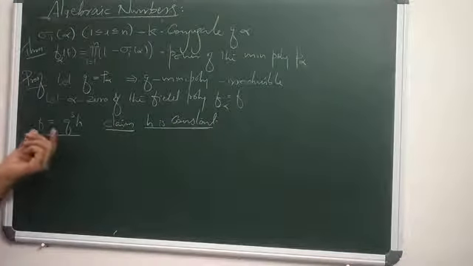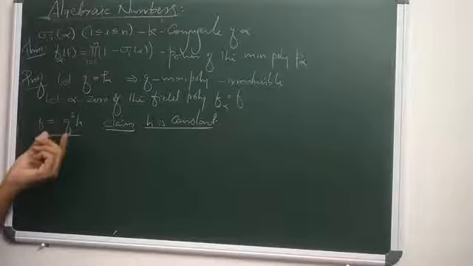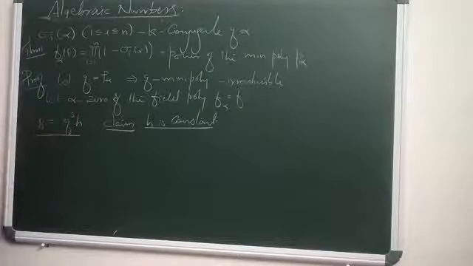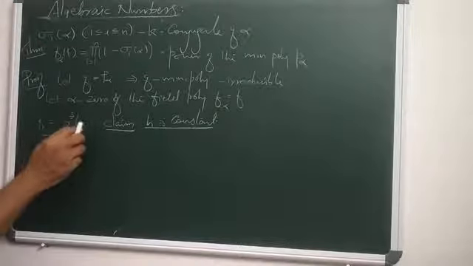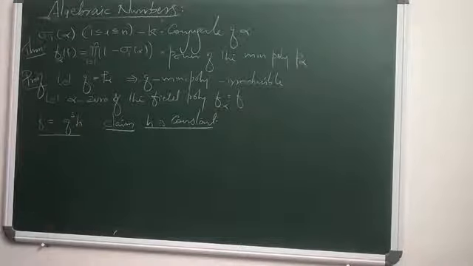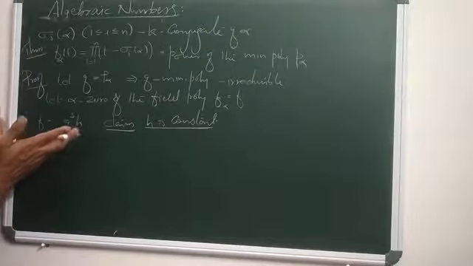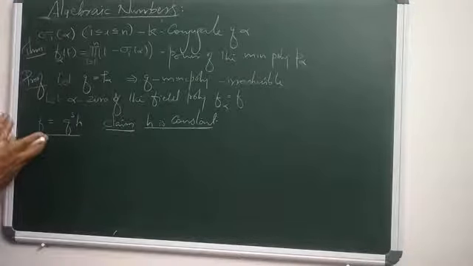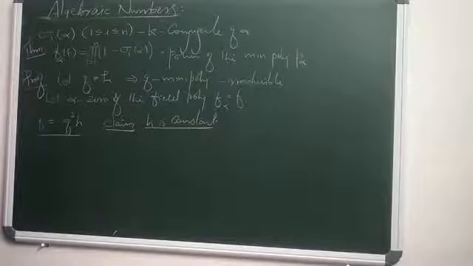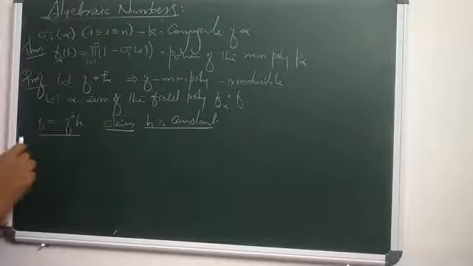Here we got f equals q to the power s times h, where q is nothing but p alpha, the minimal polynomial. To show f equals q to the power s, we have to show that h is constant. How did we obtain f as q to the power s times h? Because of factorizing f into irreducibles. How to prove h is constant?